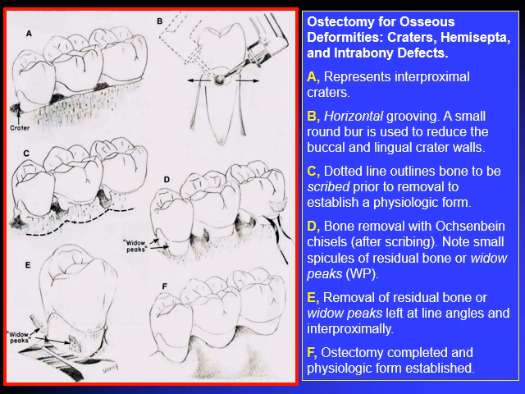So we have to scribe the bone to be removed, as you see in C, the dotted line. Then remove the bone with a chisel.